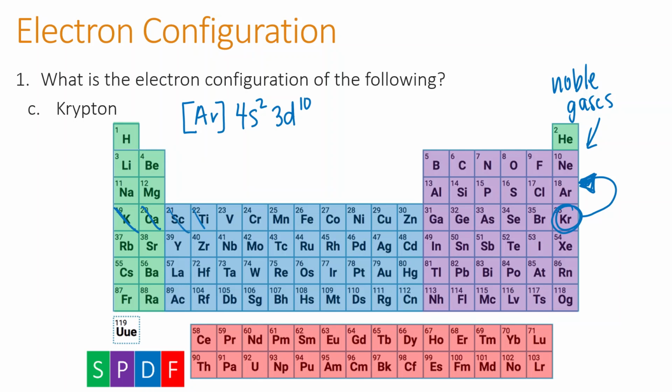Remember that this D block is behind by 1. So that's 3d instead of 4d. And then I've got 4p, 1, 2, 3, 4, 5, 6, 4p6. So rather than writing out the first 18 electrons, rather than writing out 1s2, 2s2, 2p6, 3s2, 3p6, rather than writing all those 18 electrons out, we can just start with the last noble gas before the element.